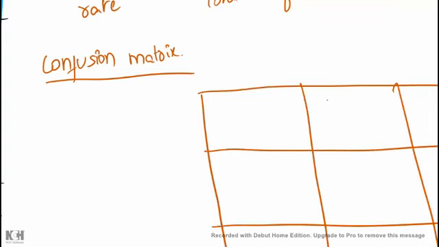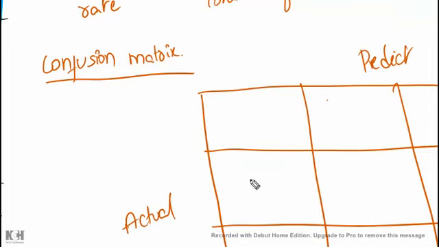One side actual, one side predicted. The choice is yours. You can take as per your choice. In Python, if you ask for a confusion matrix, by default it will take actual on this side and predicted on this side. If you want, you can interchange also, not a problem.